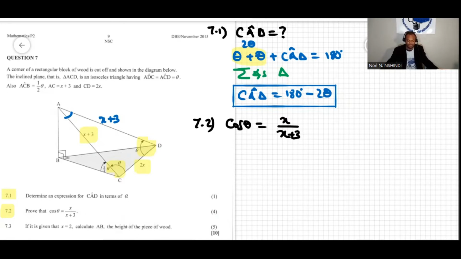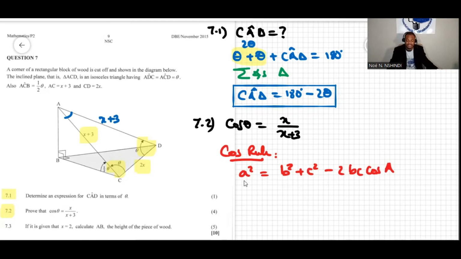I'm going to write here cos rule. The cos rule says this: a squared equals b squared plus c squared minus 2bc times cos A. Remember that the angle A will always be the angle opposite to the side a.